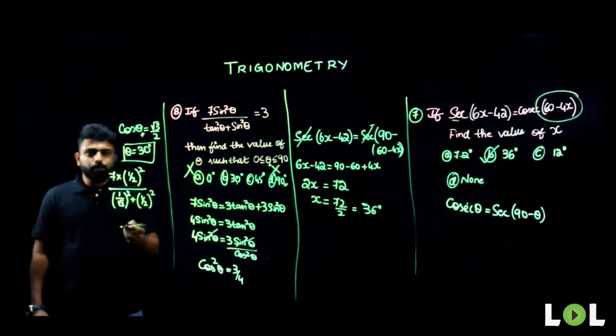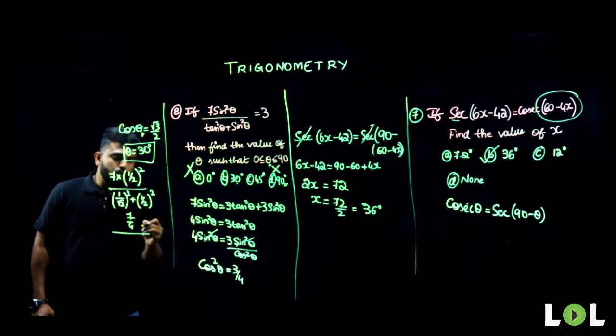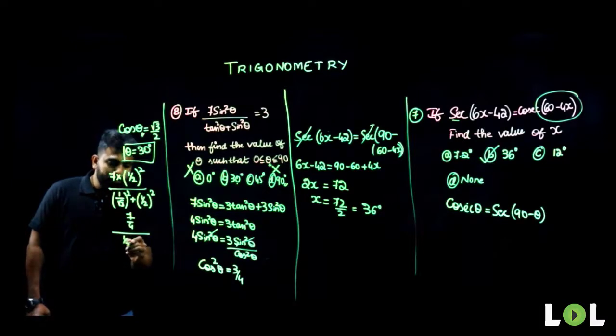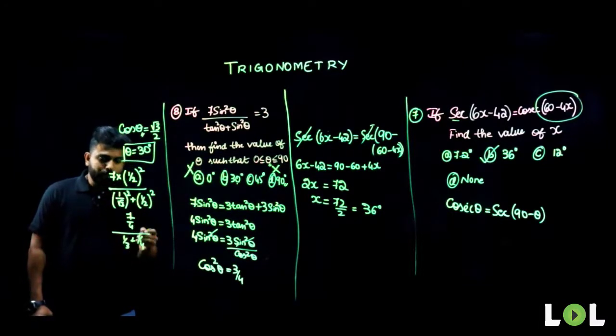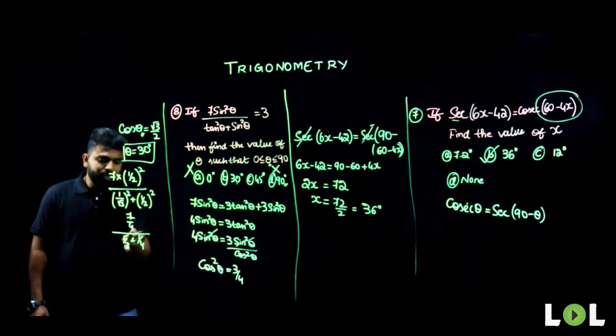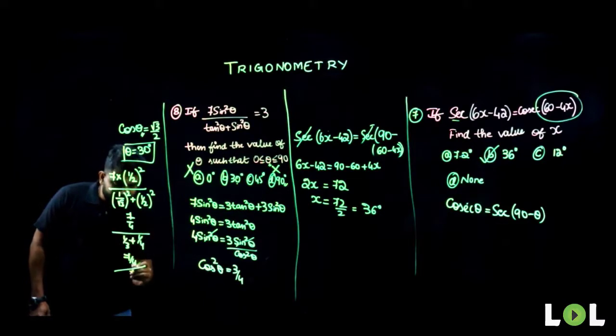So finally what will I be left with? I will be left with 7 by 4 divided by 1 by root 3 the whole square, which is nothing but 1 by 3, plus 1 by 4. If I simplify this, what will I be left with? 7 by 4 in the numerator, divided by 4 plus 3, that is 7 divided by 12.